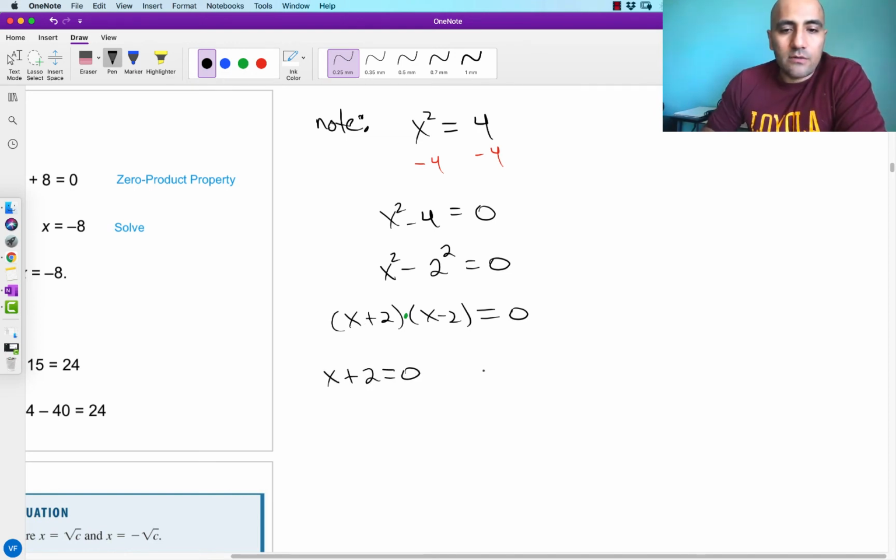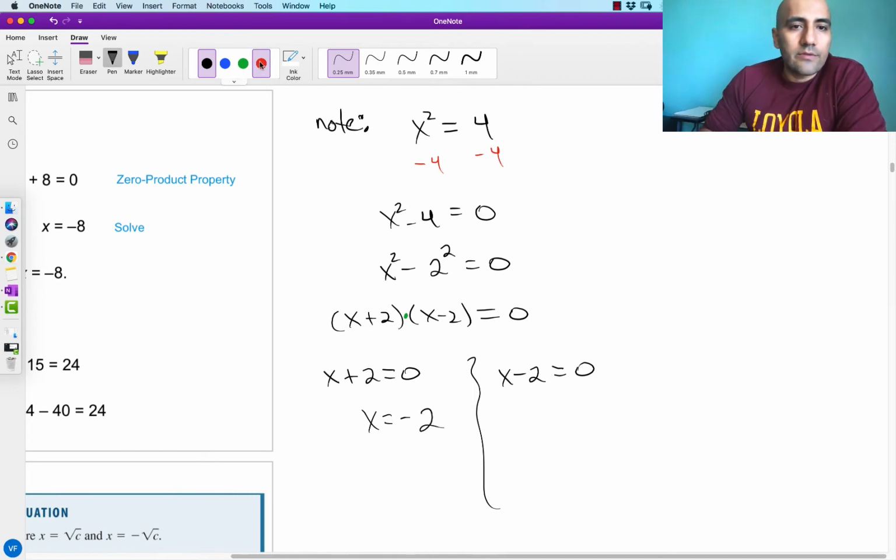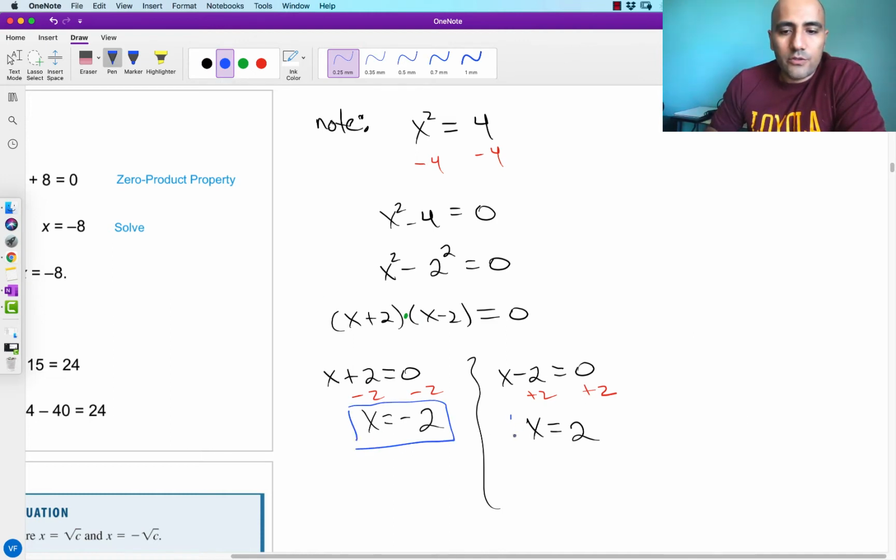Either this equals 0, or maybe this equals 0. Good. So therefore, x equals negative 2, right? We subtract 2 from both sides. Minus 2, minus 2. We add 2 to both sides. Plus 2, plus 2. And so this guy becomes x equals positive 2. So we have two possible answers. Either this one is true or this one is true.